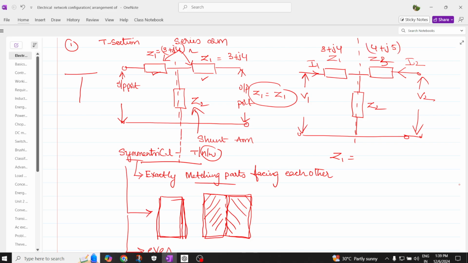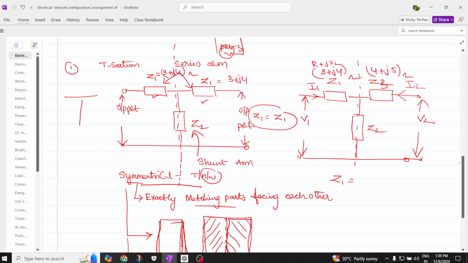All these impedances are in ohms, in the form R plus JXL. Here Z1 and Z3 are not equal, so I can call this network unsymmetrical.